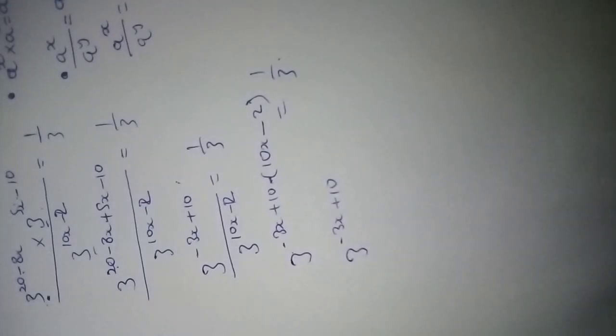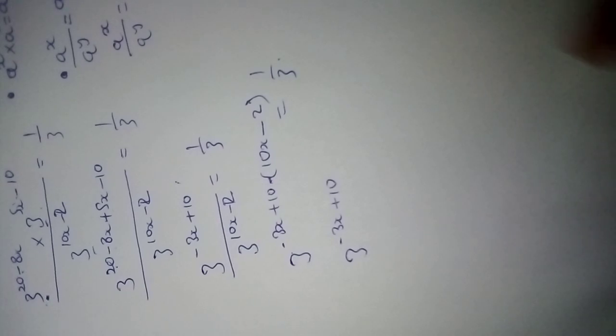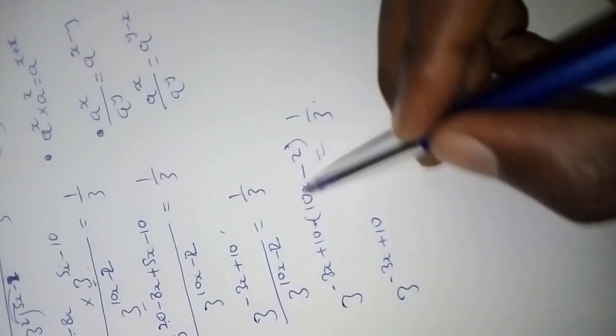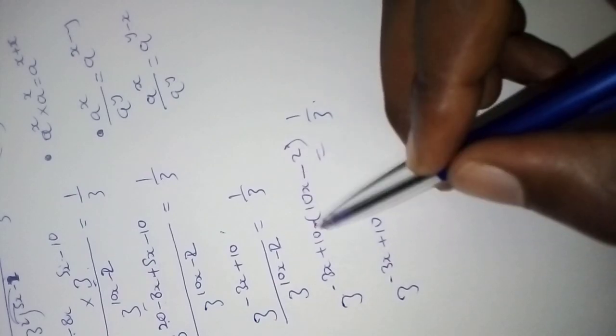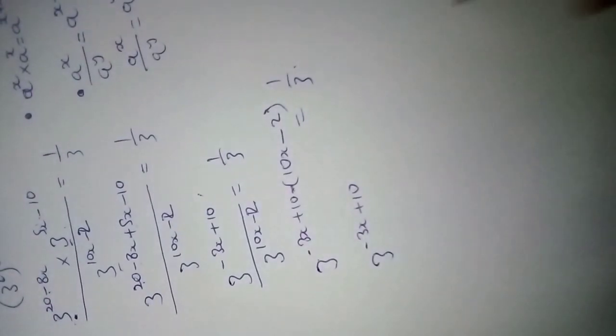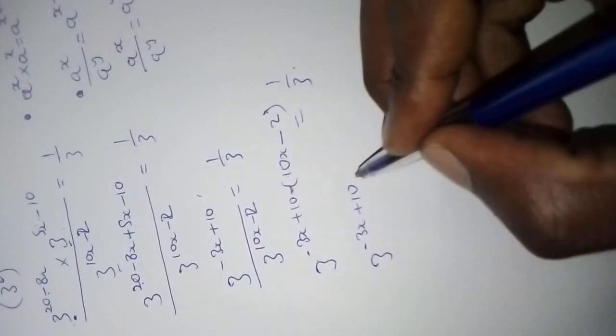This is to ensure that you do not have an error in your signs, because most students make the mistake by changing the signs just by taking the 10 up and saying it's negative 10 or positive 2 or whatsoever. Most students make the mistake there, but when you write it like this and then you multiply each value by the sign, this ensures that you do not make any mistake in the sign.